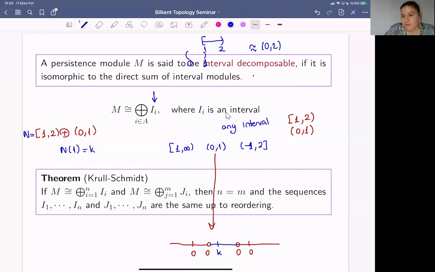It will be isomorphic to an interval. So interval modules are not indecomposable. Okay, maybe I misunderstood. They are indecomposable. Yeah, but we just decomposed the 0-2 interval into two summands.